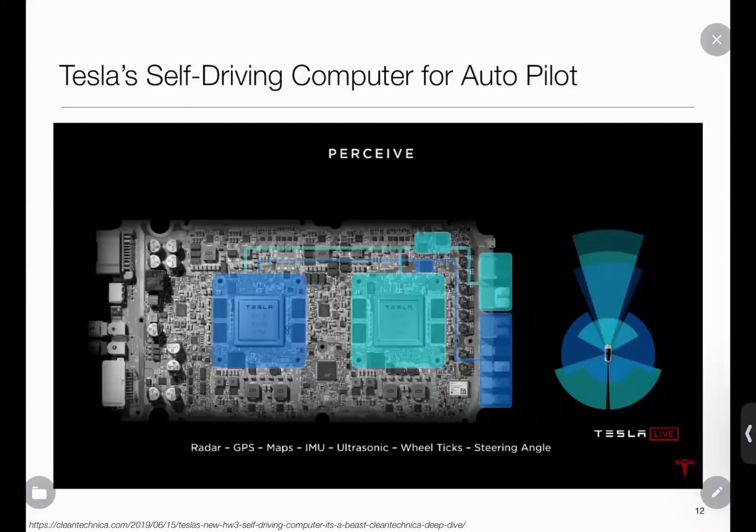So this picture here is the unit in Tesla, and it has two identical chips which process the sensor data and make decisions. Why do you think they have to? Yes, if one fails. Yeah, redundancy. So cars are an example of redundancy.